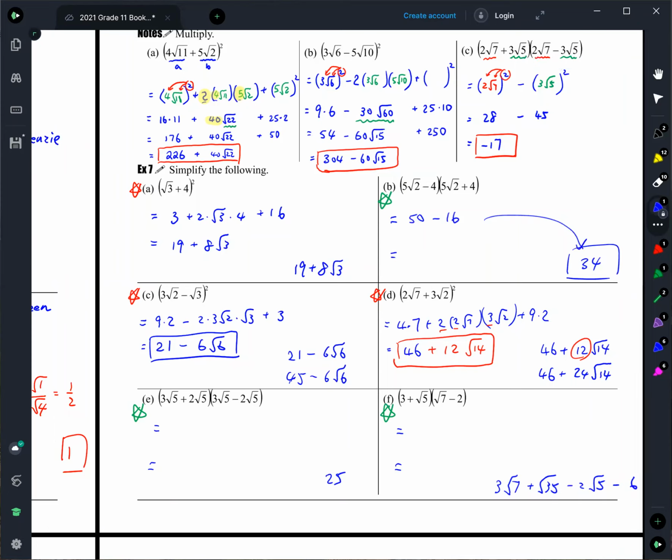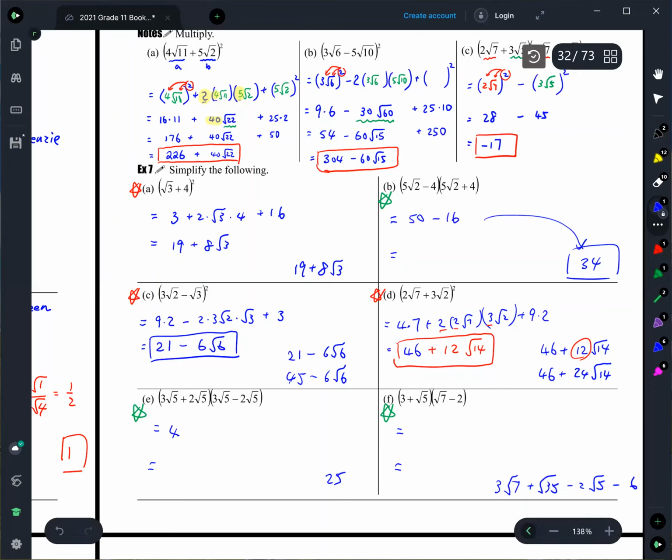For question E, okay, Tony, what's A squared? A is 3 root 5, but you want to square it. So 9 times 5, so 45.